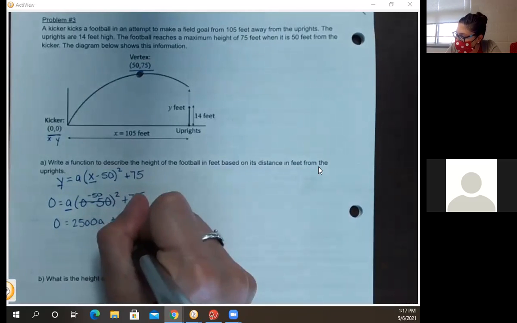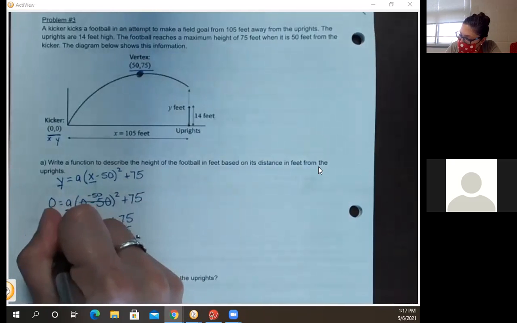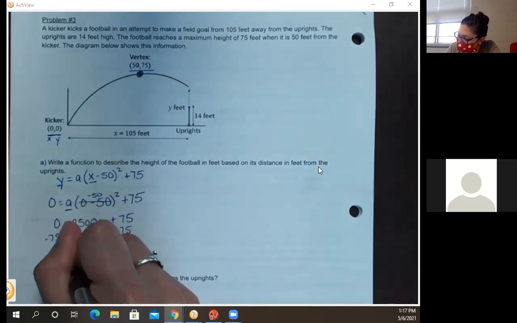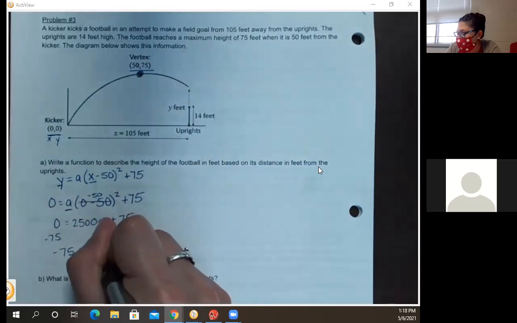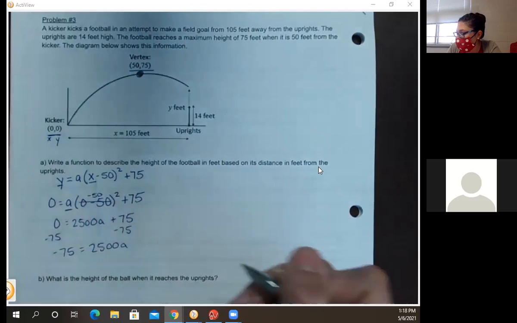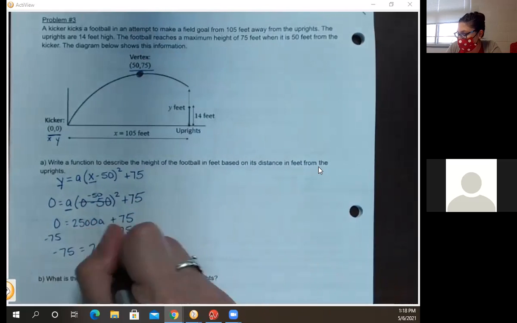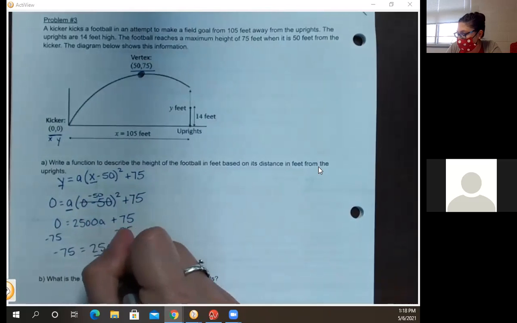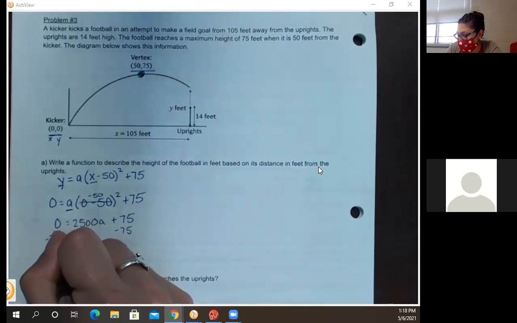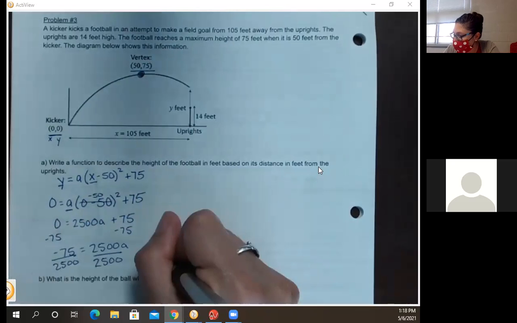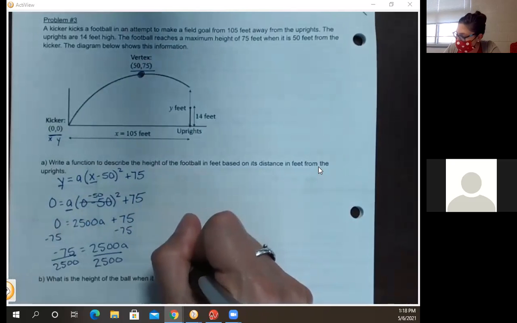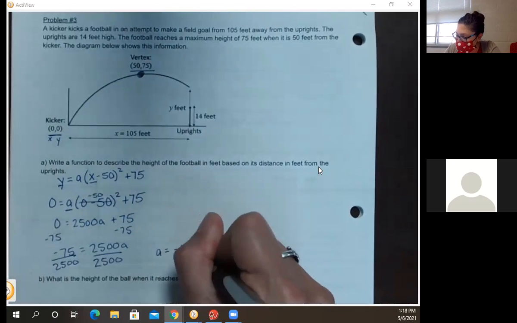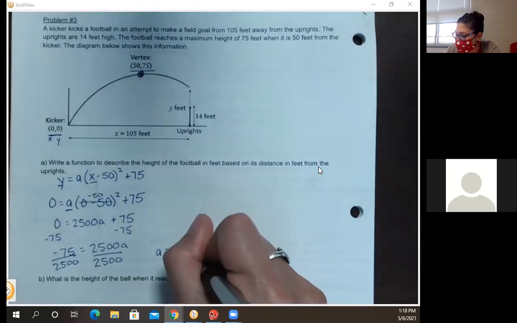So we're going to move the 75 to the other side. So we have -75 equals 2,500a. And then we'll divide both sides by 2,500. And we get a to be -0.03.